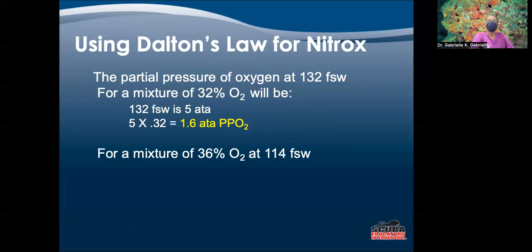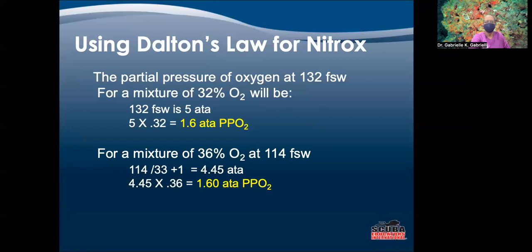How many feet of seawater is in 1 atmosphere? 33. Yeah. We have to figure out how many atmospheres, and the plus 1 is the atmosphere at the surface. So we take 114 divided by 33 plus 1, and we get 4.45. Now, if it was fresh water, what would we divide it by? 34. Exactly. And so we get 1.6.